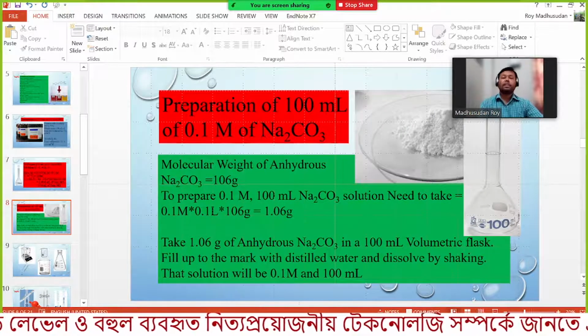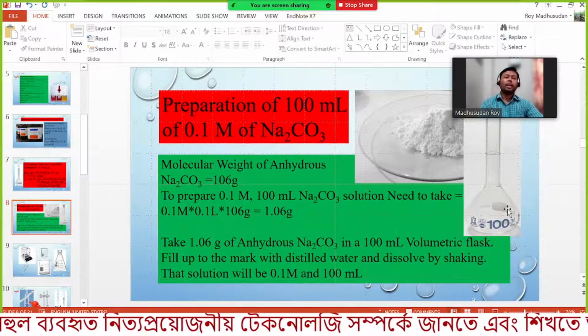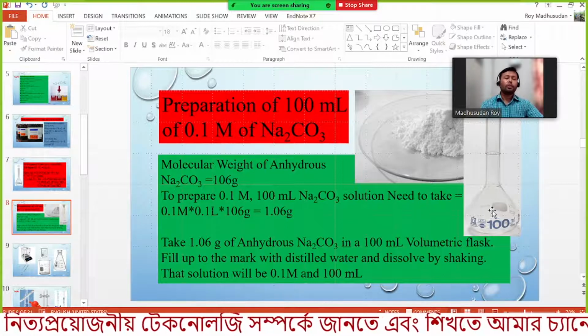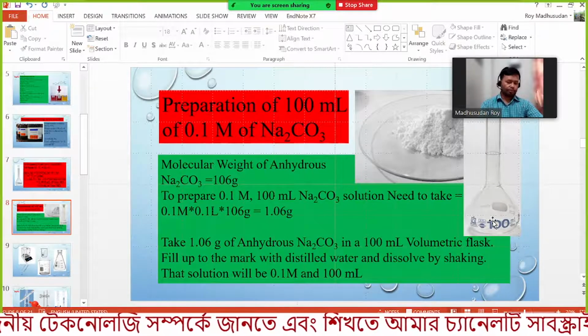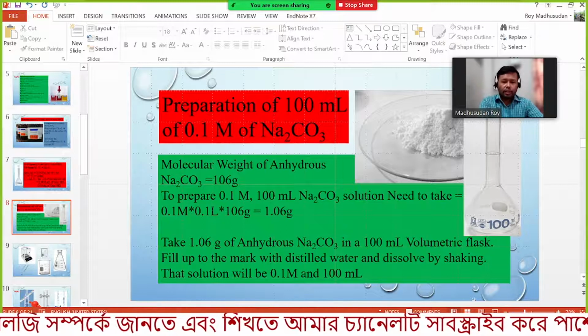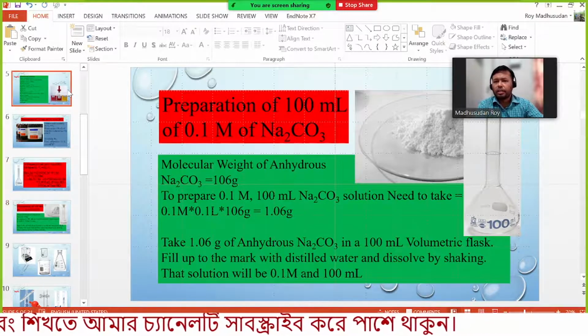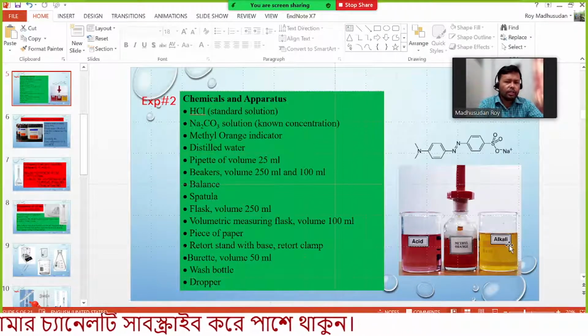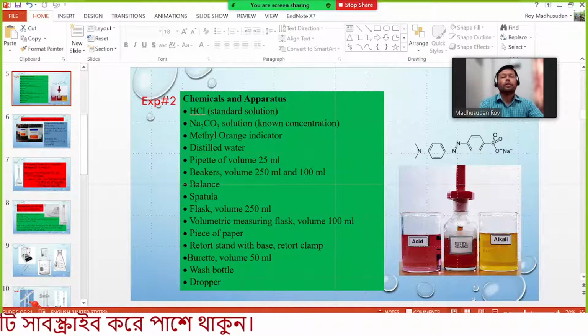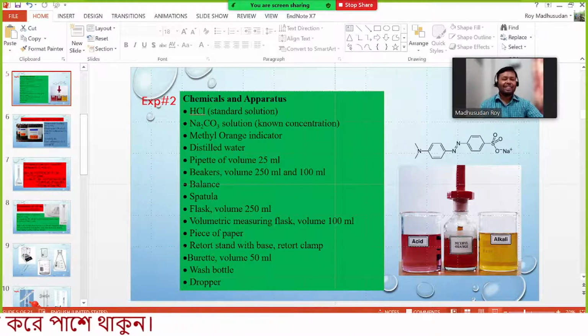We should take acid in the burette and the sodium carbonate in the flask. In alkaline solution, methyl orange is yellow.